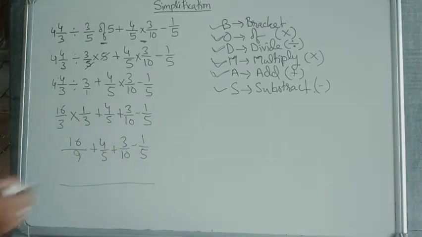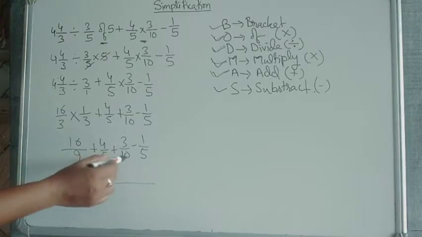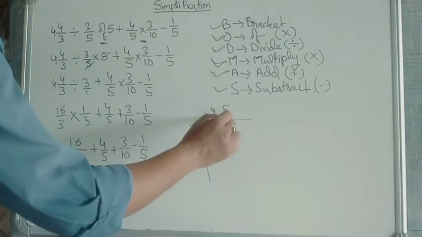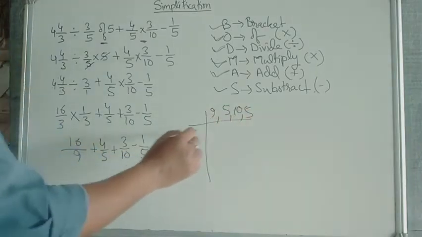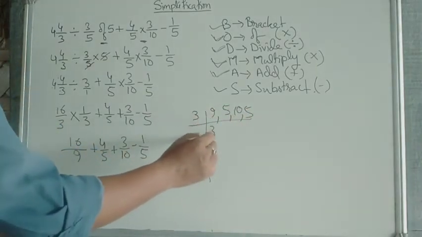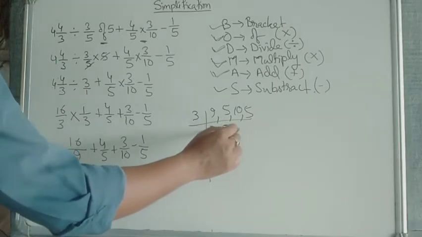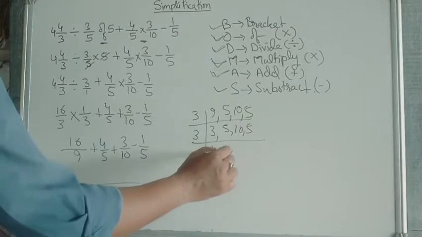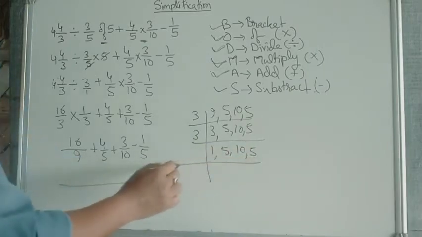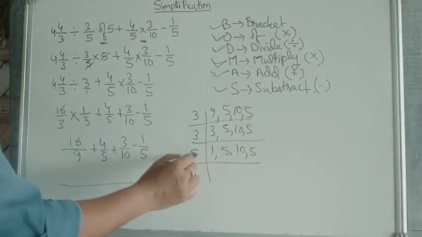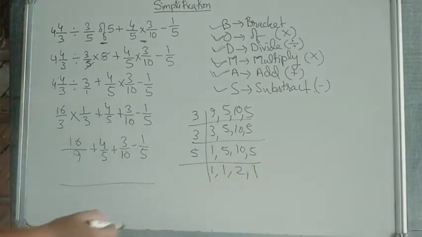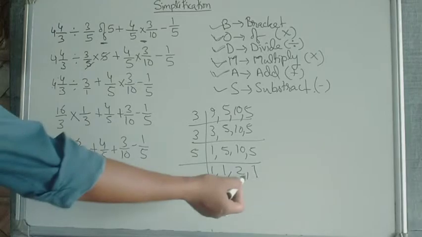So I'll take LCM. Now 9, 5, 10 and 5, these are the numbers of which we have to take the LCM. 9, 5, 10, 5. So 3 threes are 9, 5 fives, 3 ones are 5, 10 5, then 5 ones, 2 ones, 1. So these are the last prime numbers that came.